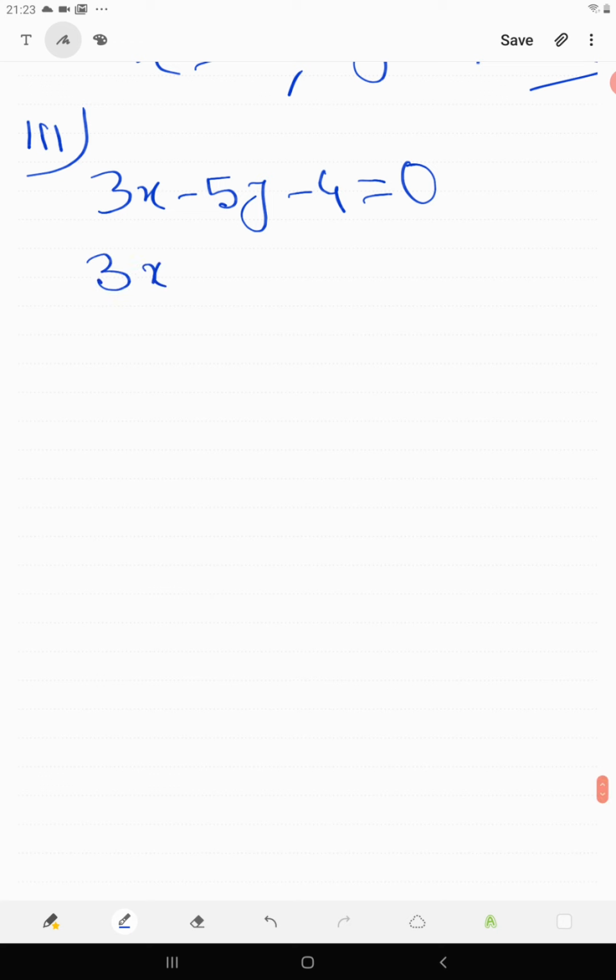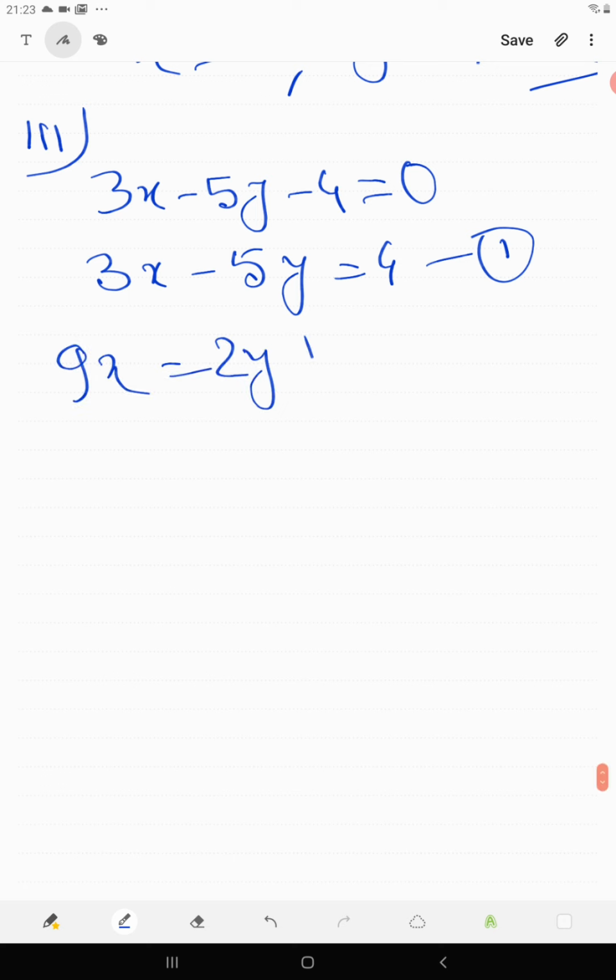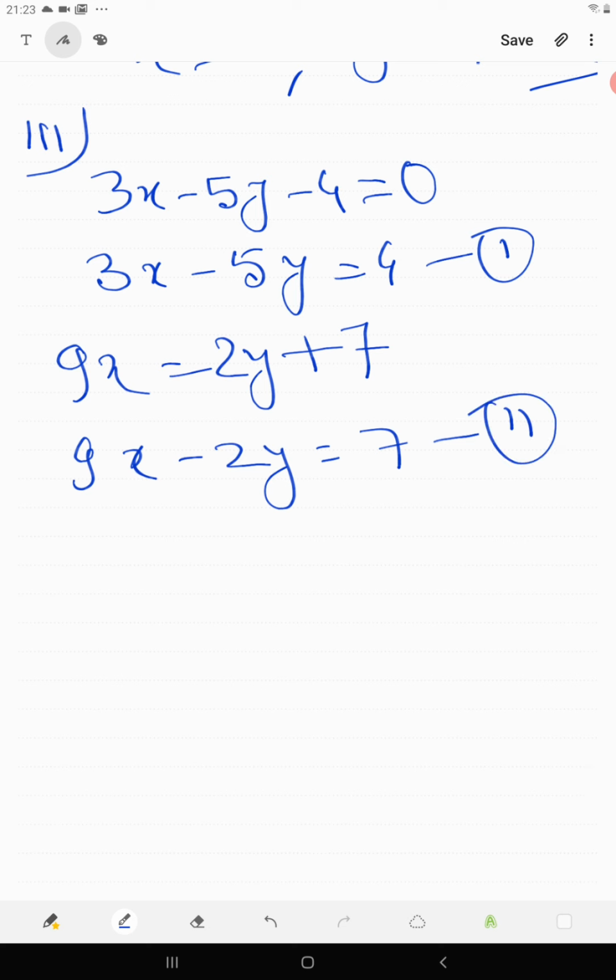We will get 3x minus 5y equals 4. This is our first equation. And the second equation is 9x equals 2y plus 7. So bring 2y to the left hand side. 2y is positive on the right, it will become negative on the left. So 9x minus 2y equals 7. This is our second equation.